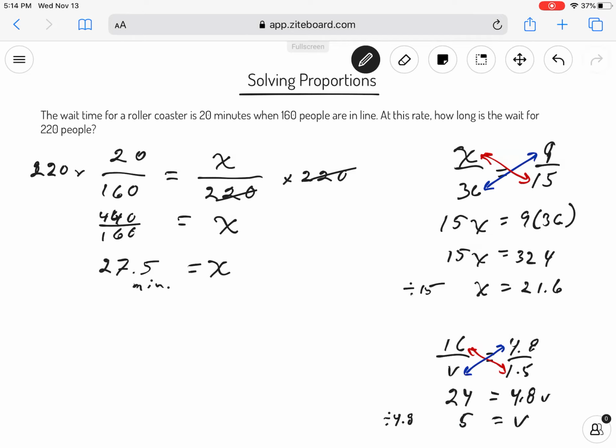Okay, so cross multiplication can come in handy if you need to know how to use that.